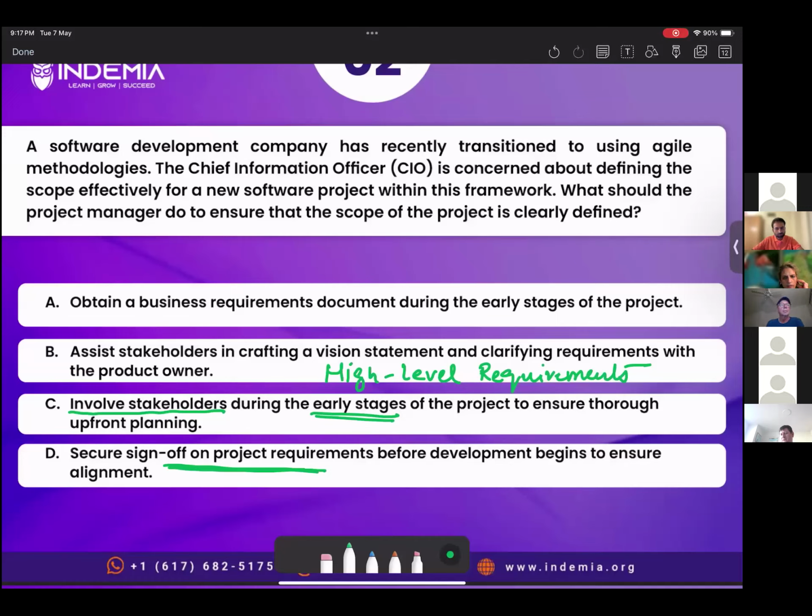Richard, you have chosen option D. Yeah, I had a tough time with this question, but the way that I looked at it, your CIO is concerned about defining the scope. It's an agile project, so the scope isn't really clearly defined, but what can be defined are requirements.